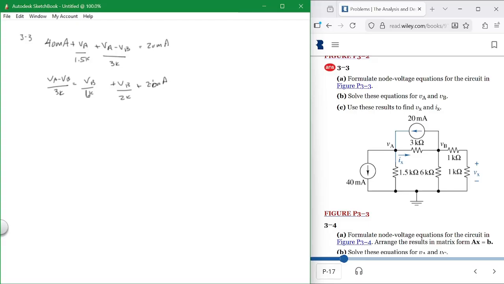All right, so that's current going in, VA minus VB, is equal to current going out, which is this, this, and this. Okay, so now let's rearrange this.